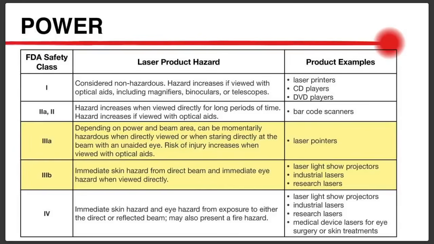You have literally a millisecond and your eye is permanently burned if you accidentally flash this laser in your eye. So class 4 lasers, there's no reason you or I should even be messing with these things except in a research or a controlled industrial setting. Huge safety precautions required.